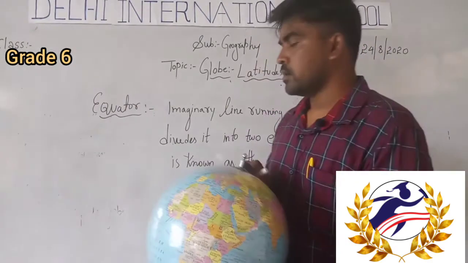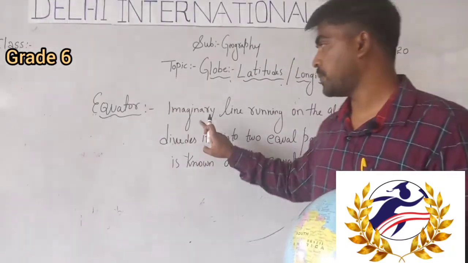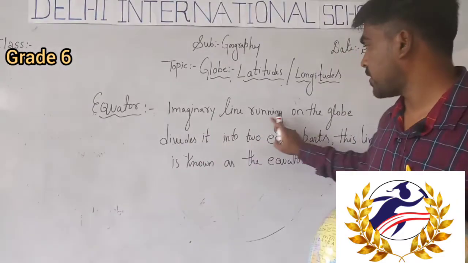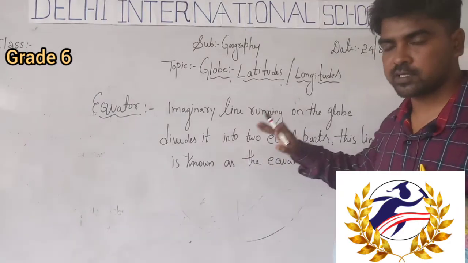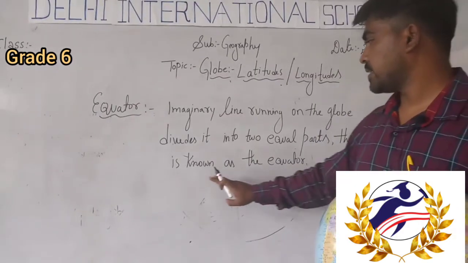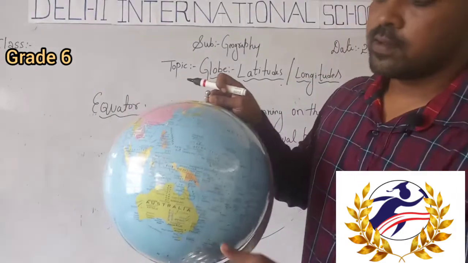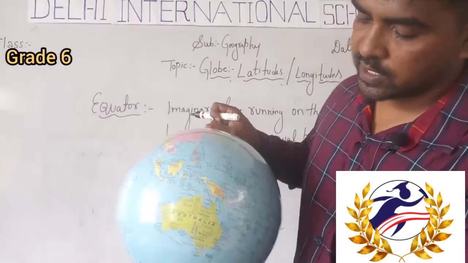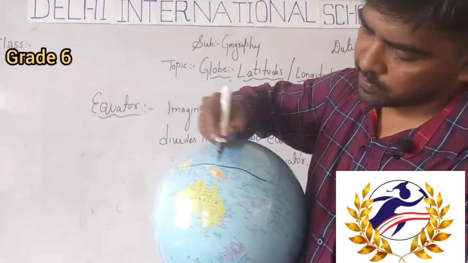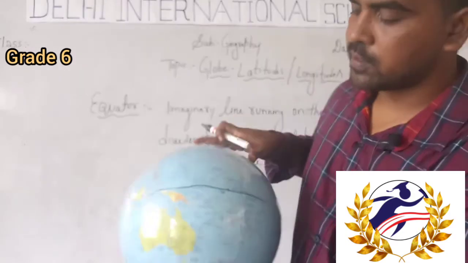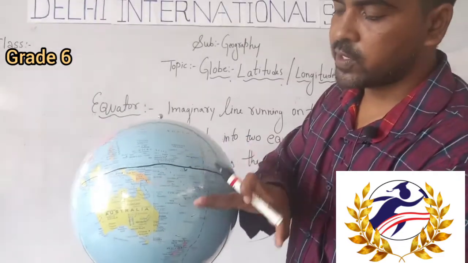Okay, students, the next concept is the equator. What is the meaning of the equator? The equator is an imaginary line running on the globe that divides it into two equal halves. This line is known as the equator. I'm holding a globe. Exactly at the center of the earth, we have an imaginary line which divides our earth into two halves.